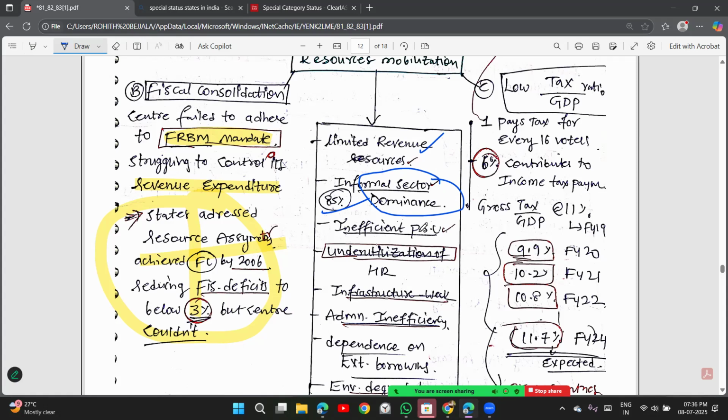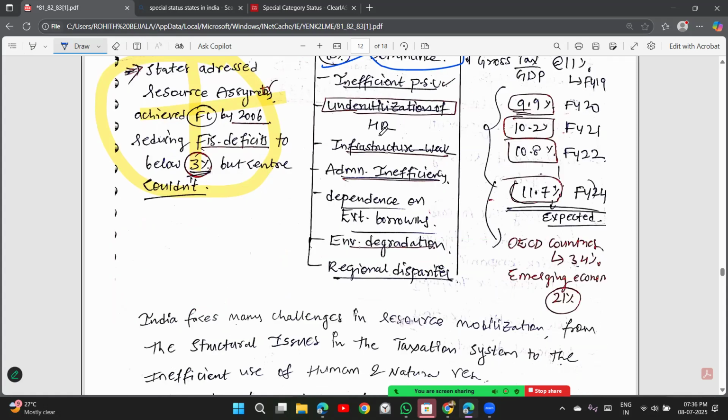Most of the PSUs are running in losses, in revenue losses, and we are not able to utilize the human resources well. So there are infrastructure gaps, administrative inefficiencies. We are depending on external borrowings, and there is environmental degradation going on. Because of that, there are challenges like climate change and also regional disparities.